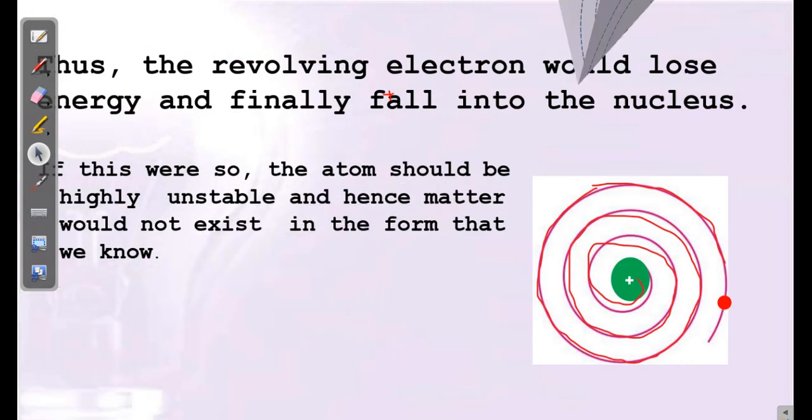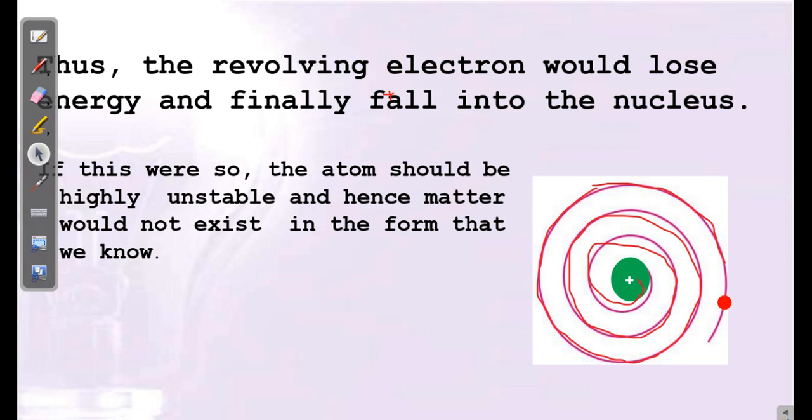If we suppose that an electron is revolving around the nucleus, then the revolving electron will lose energy and finally fall into the nucleus. And if this were to happen, the atom should be highly unstable and hence matter would not exist in the form that we know.